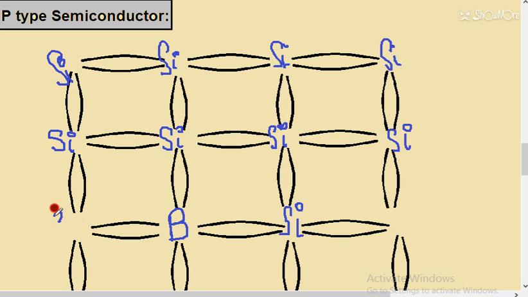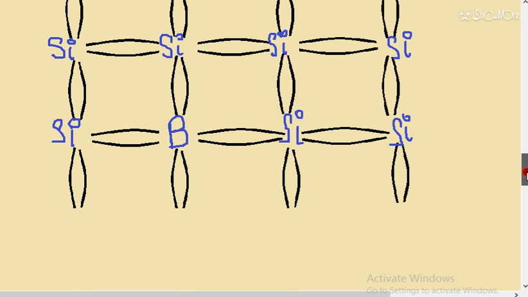We have added a group number 13 impurity into the silicon to get p-type semiconductor. Why it is called p-type, and why a group number 13 element is added, I will discuss in detail. So all the rest are silicon: silicon here, silicon here, silicon here and silicon.